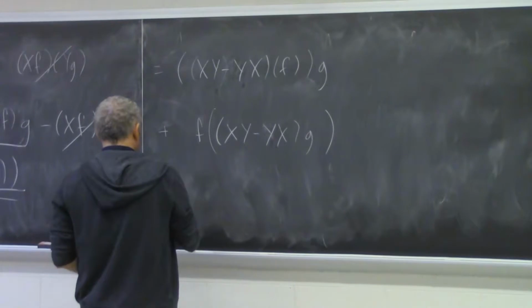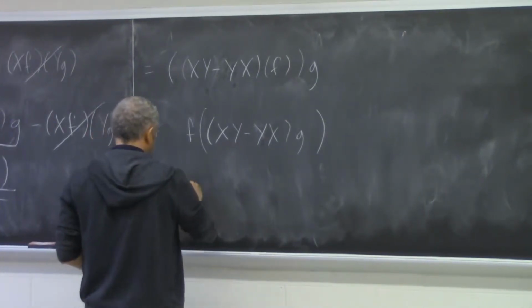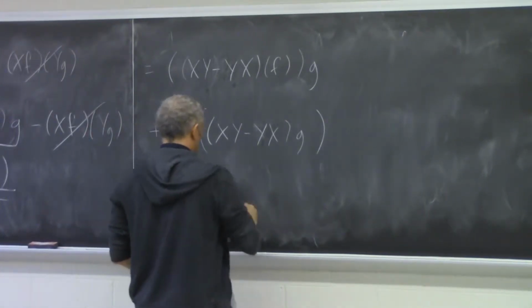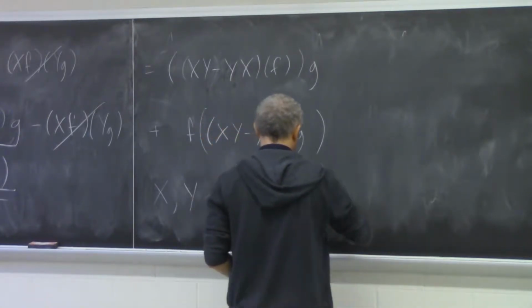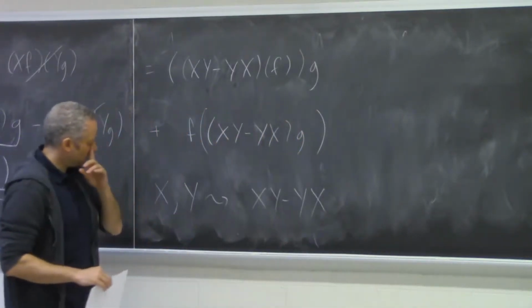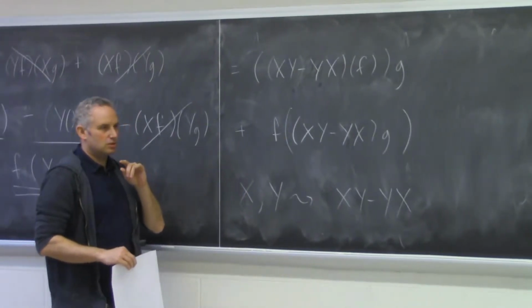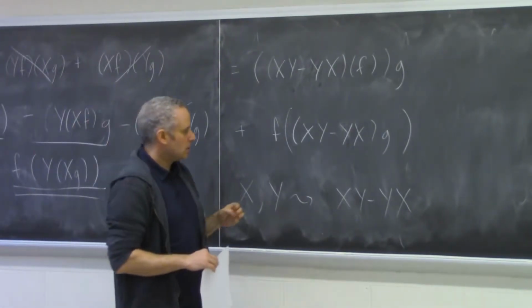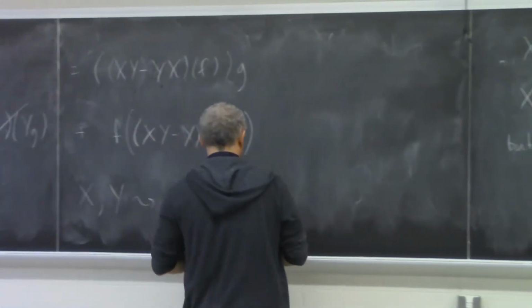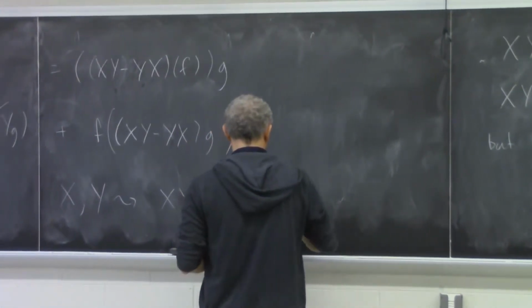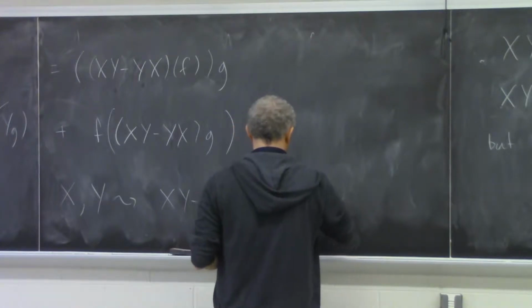So now we have a rule. We have two vector fields, and we produce a third one. All right. OK. So we're going to give this a different name. Square bracket xy.